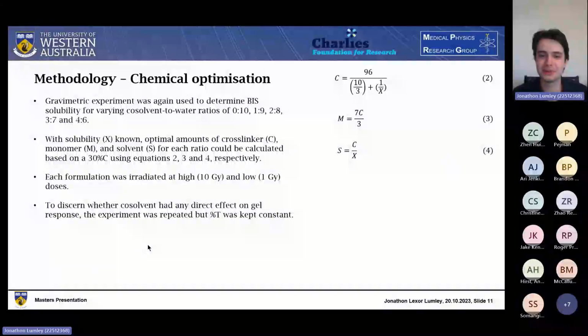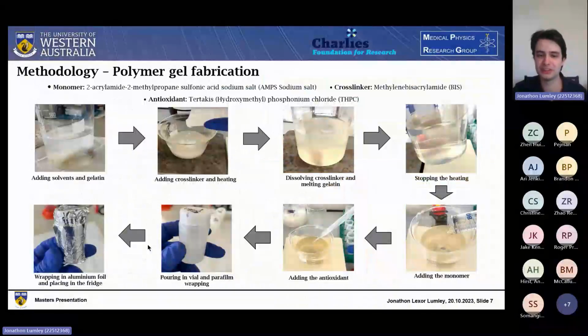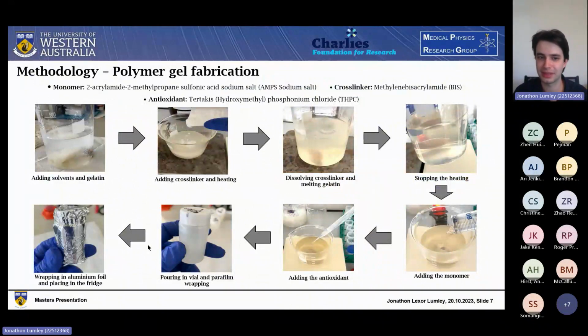However, once I got more familiar with the making process, it became pretty easy, honestly. It only took about 10 minutes to make the whole gel, so it wasn't too bad. Adding the N-propanol in such large quantities did initially become a problem. There were large separations. However, I determined that if you add the gelatin after adding the N-propanol, these issues were basically minimized.